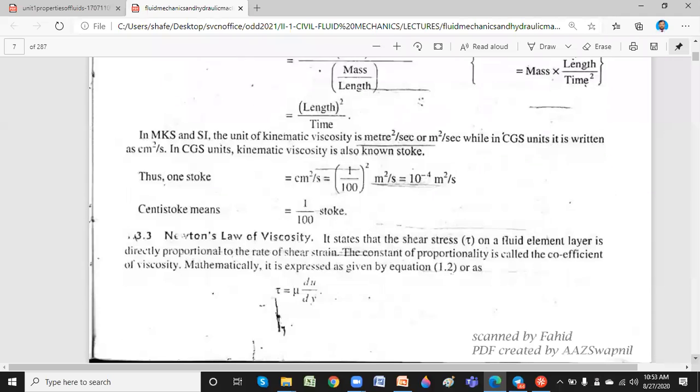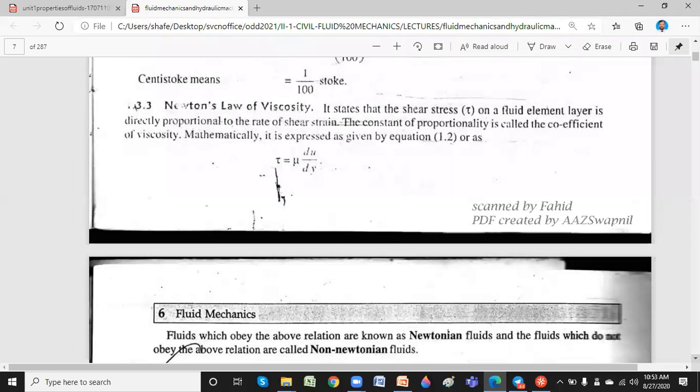Now this is very important for you. As I said in the starting itself, the law of viscosity, that is shear stress is proportional to shear strain, and mu is the proportionality constant. Depending upon this Newton's law, you are going to divide different types of fluids.